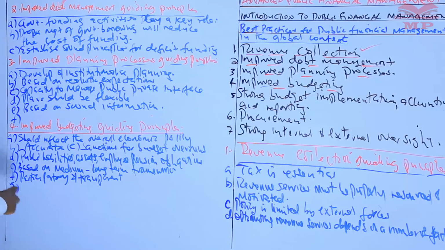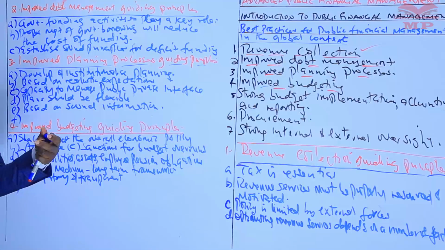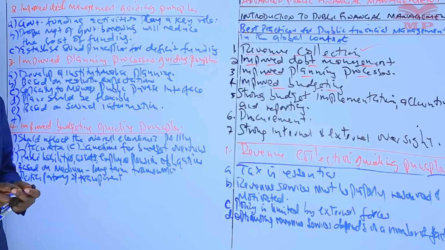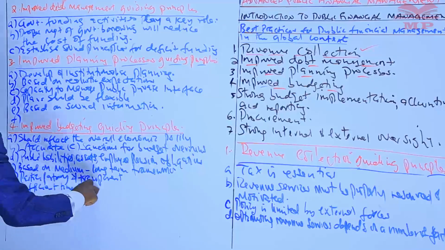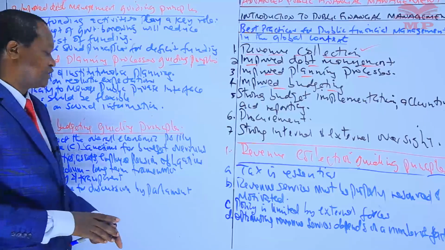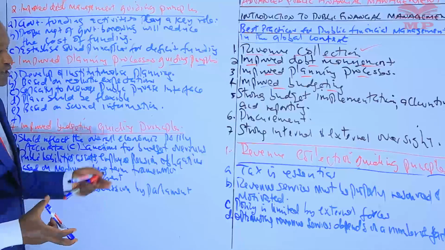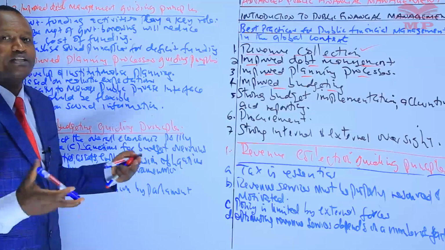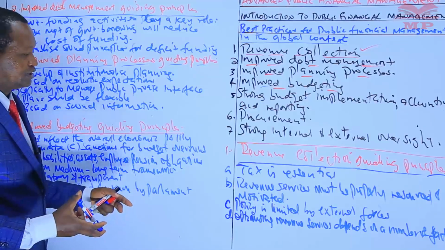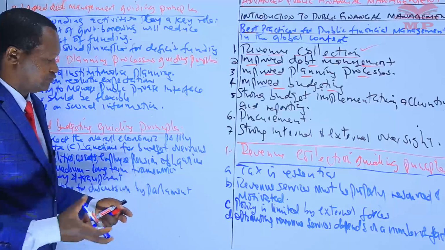Moving on to the next guiding principle, the budget cycle should provide sufficient time for informed discussion by Parliament. Parliament should be given sufficient time to discuss the budget estimates that are submitted to it, plus the budget documents, because the Parliament is a body that represents the people.